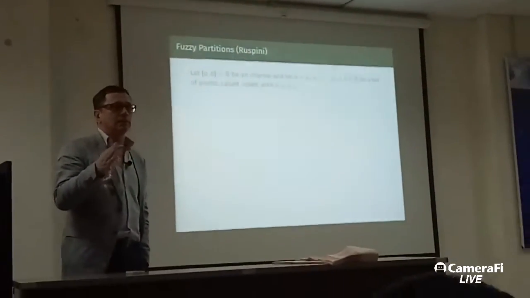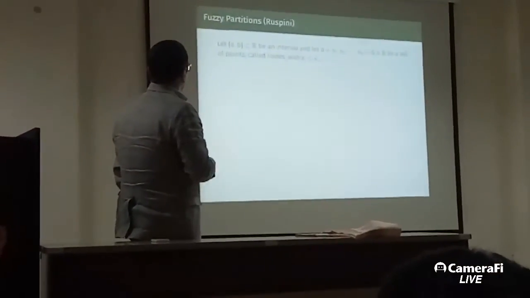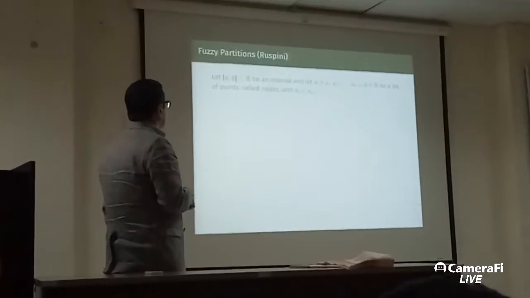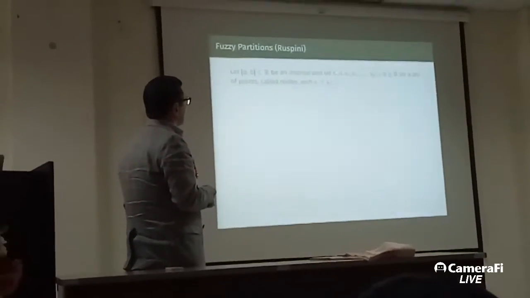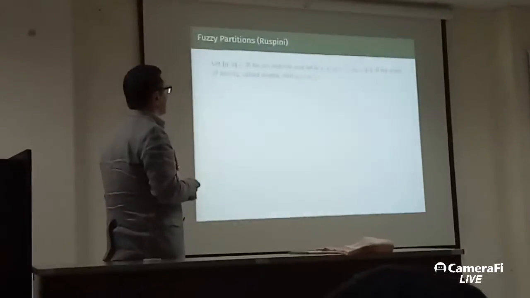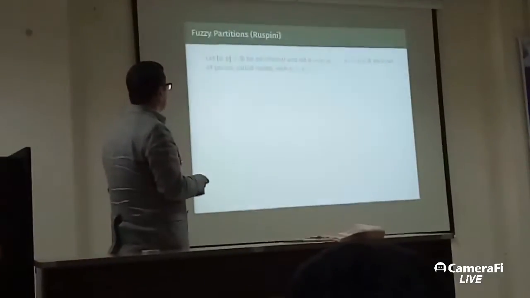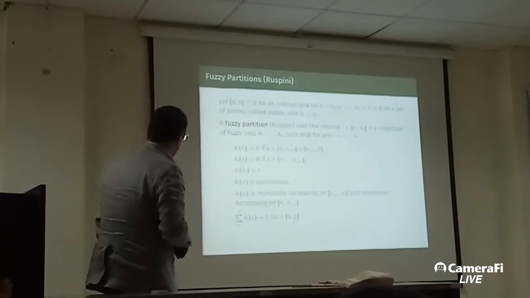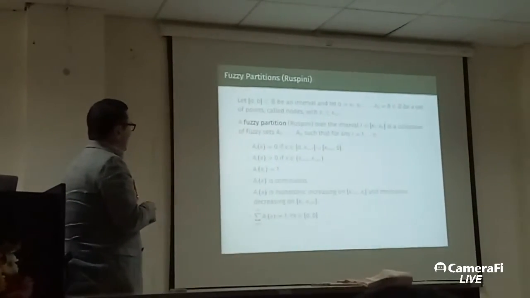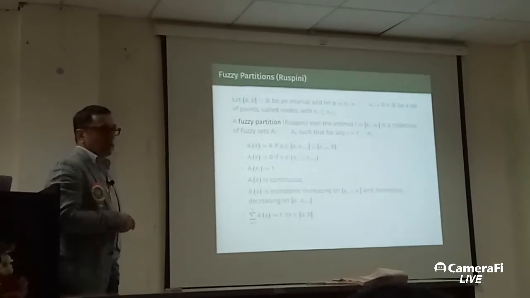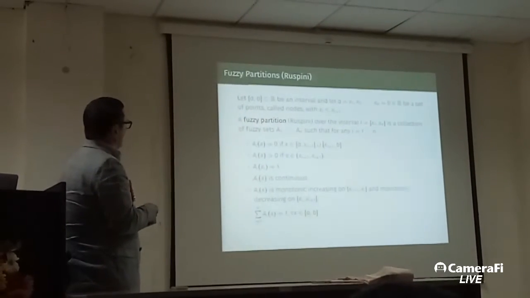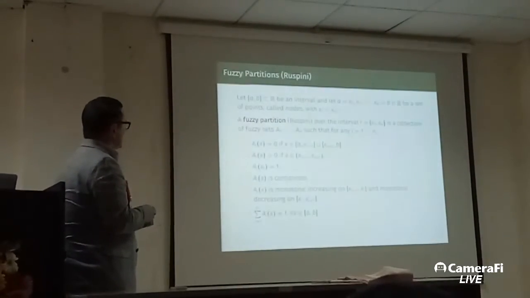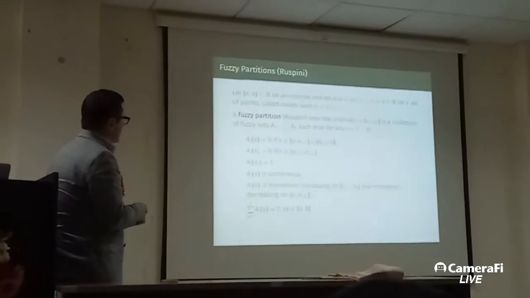So we have a closed interval [a, b] and a number of points that we call nodes, x1, x2, ..., xn, so that x1 is equal to a and xn is equal to b, and they are ordered. We call a fuzzy partition a collection of fuzzy sets A1, ..., Am that respect these properties.